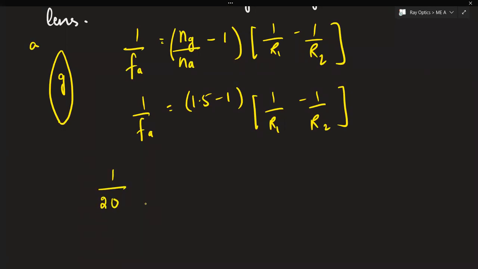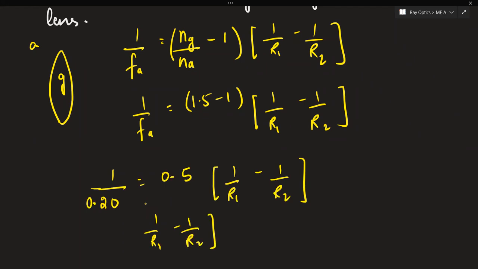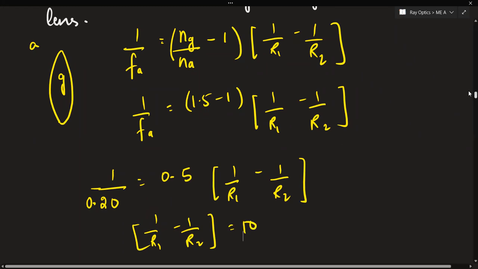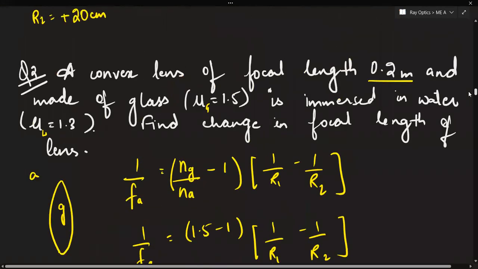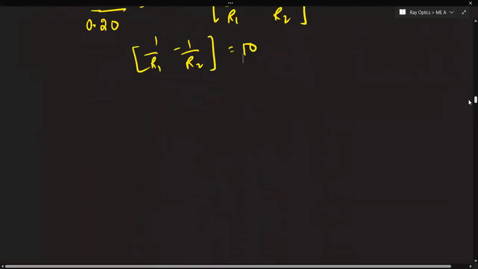Focal length was 0.2, so 1 by 0.2 is equal to 0.5 times 1 by R1 minus 1 by R2. So 1 by R1 minus 1 by R2 will be 10.